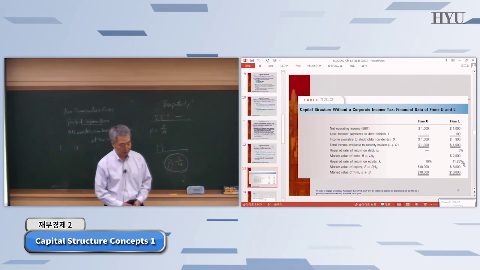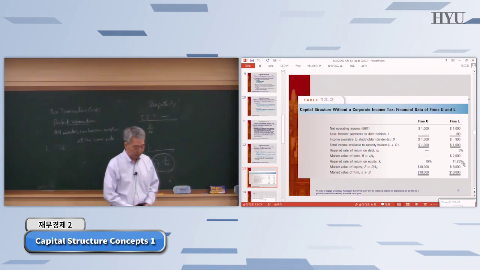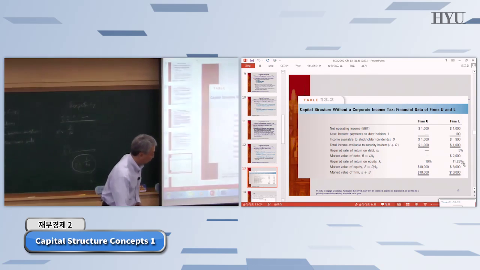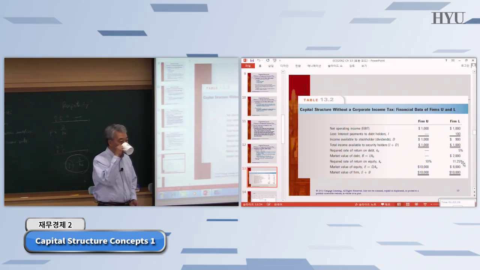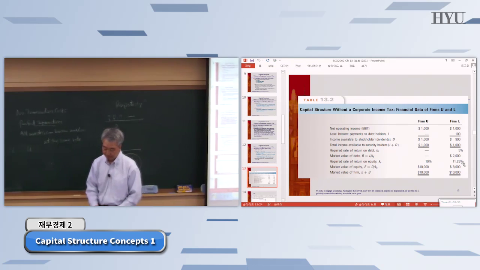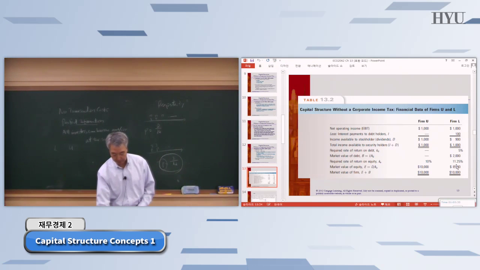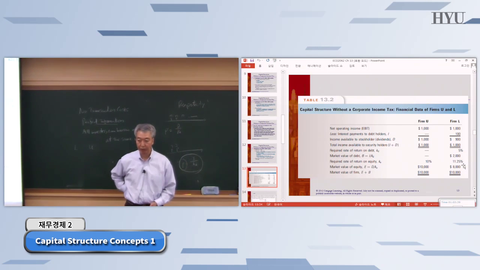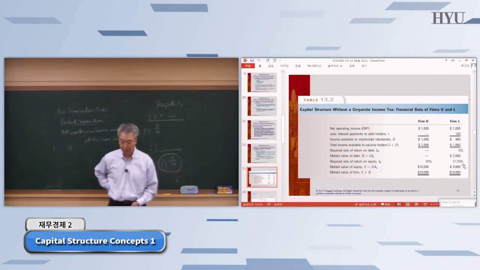You have to understand how this rate is calculated. Any idea? Think about it. Just look at this column and think about how they came up with the 11.25% for the required rate of return on equity.